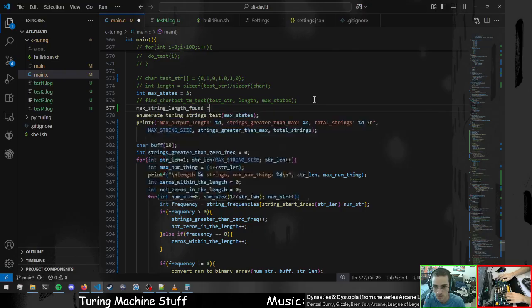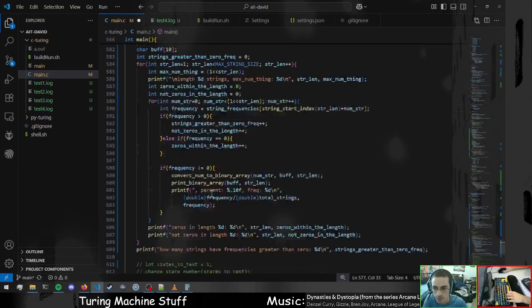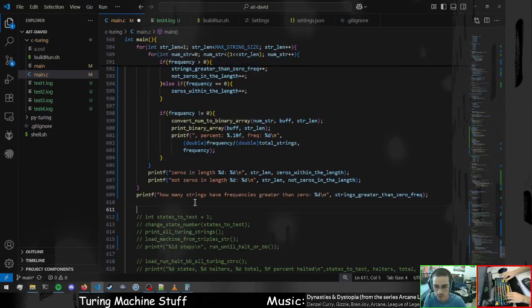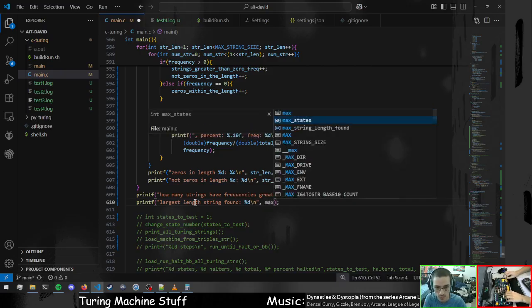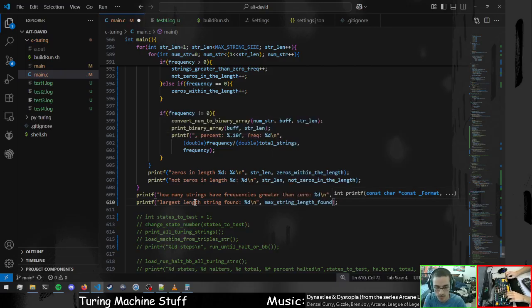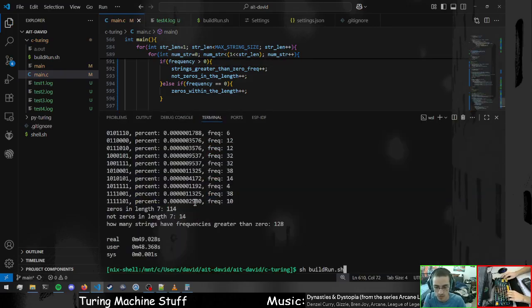So max, we're gonna set that, and then at the end I'm going to print largest length string found, and then I'm going to put that.